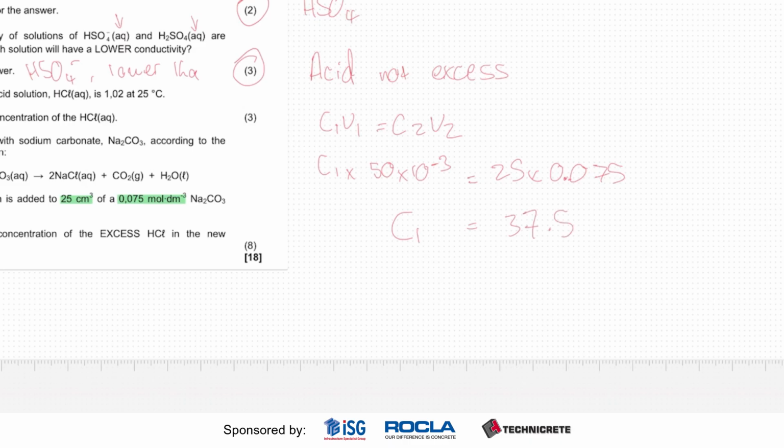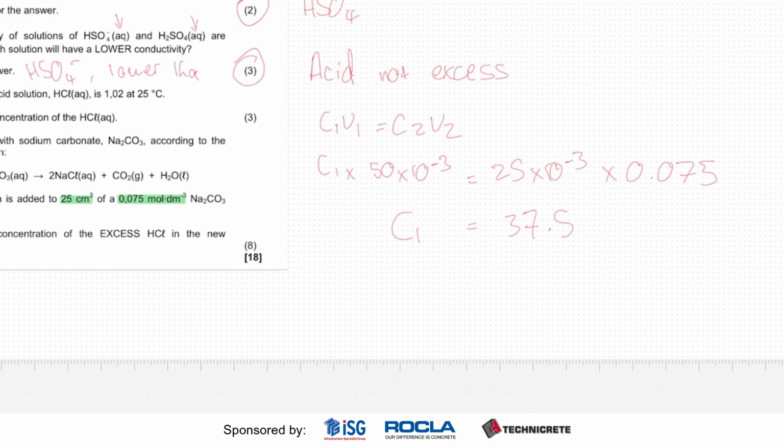That doesn't make sense. Okay, I see. I was supposed to convert this as well, so times 10 to the minus 3. Just make sure you have everything in the same units, or else you'll get a wrong answer from this equation.